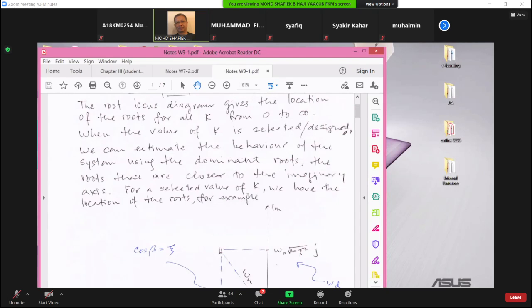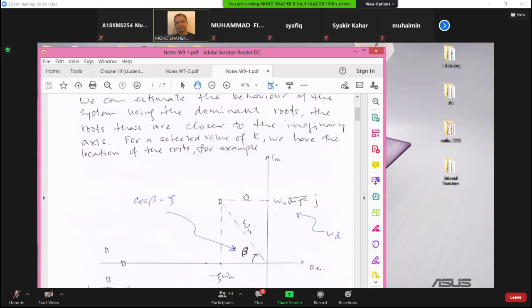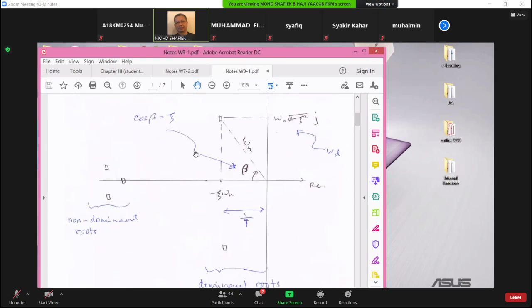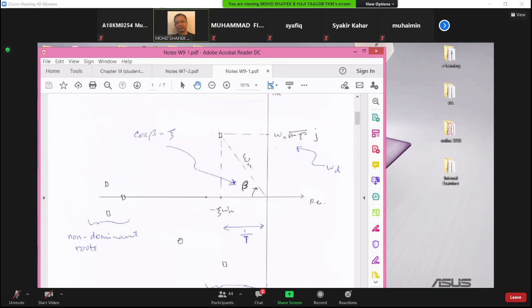For that particular value of K, we are going to have the location of the roots. If we have a third order system, we are going to have 3 roots. If this is a fourth order system, we're going to have 4 roots. If we have a fifth order system, we're going to have 5 roots. So the little square here is the possible location of the roots for a selected value of the gain K.